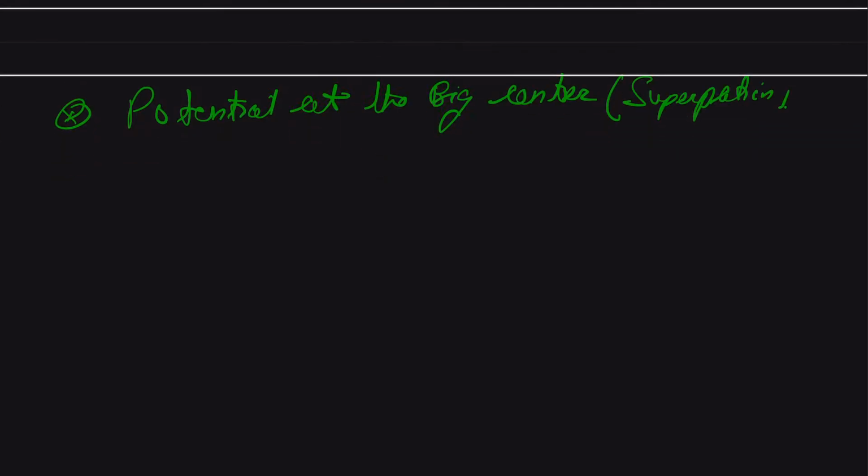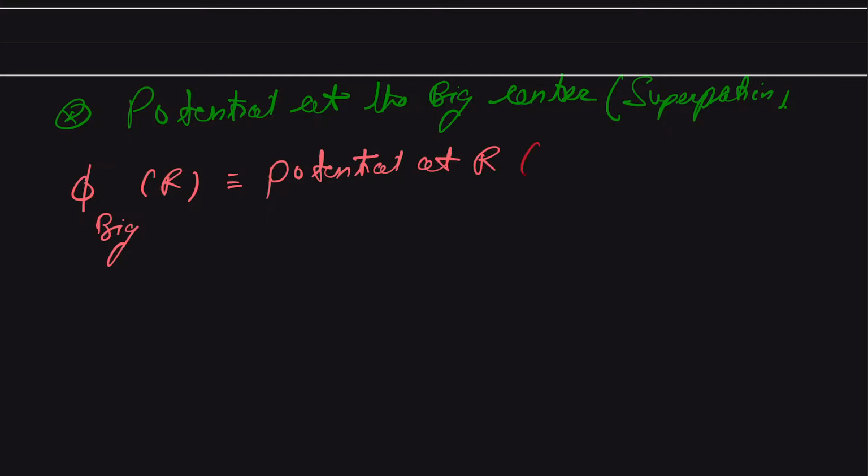So let us assume that we have a flux for the big cube at R, which basically means the potential for a big cube. So this is our potential at R, which is represented as 0, 0, 0, due to all 8 cubes.